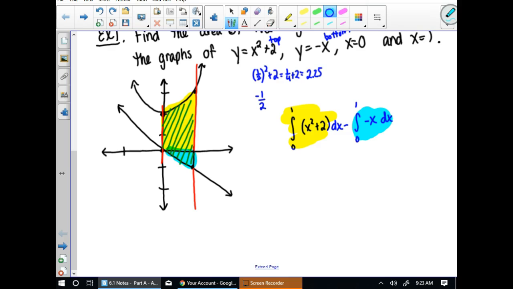It looks like I should add those together because you've got part of it above and part of it below. But you always want to do top minus bottom because when I integrate this part right here, it's going to give me a negative value. And then if I subtract a negative value, that's going to make it positive, which is like adding them together. So if you just always do top minus bottom, no matter whether it's above or below the x-axis, it will always take care of itself.